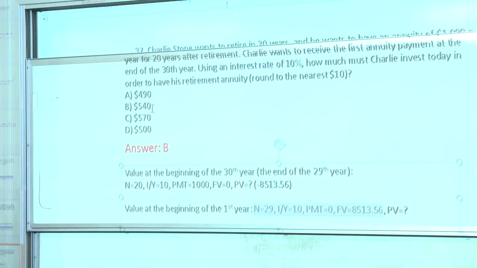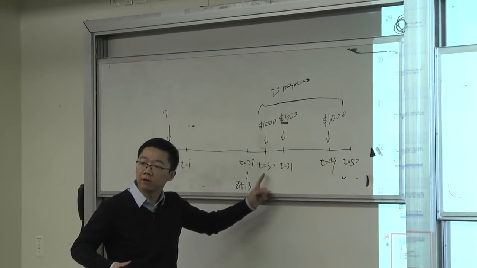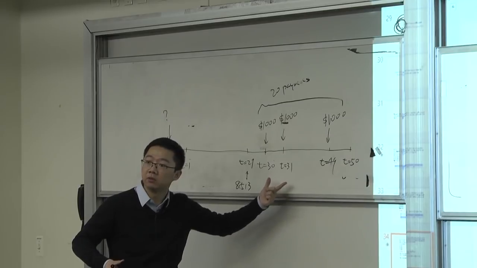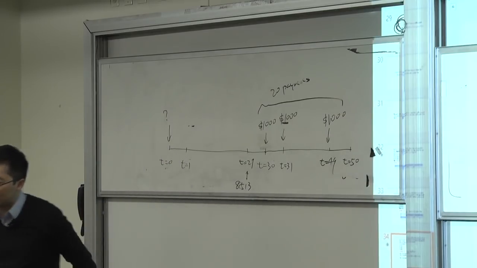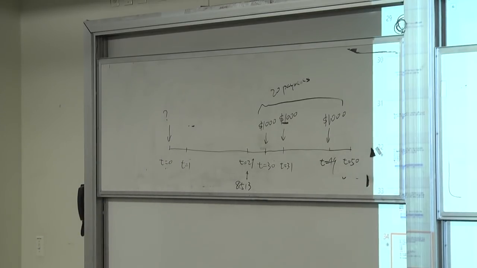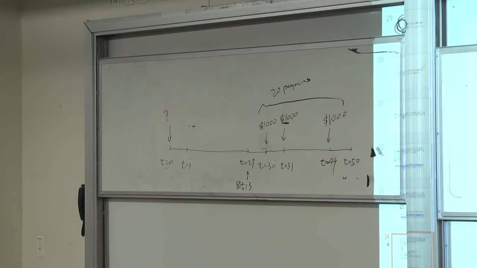Otherwise, you can think of it as annuity due and change the years a little bit. Instead of calculating the value right here, you can calculate right here. If you're calculating the value right here, you are considering this as annuity due. But no, let's not do that. Let's just consider it as the simplest case, ordinary annuity. You can do it either way, right?